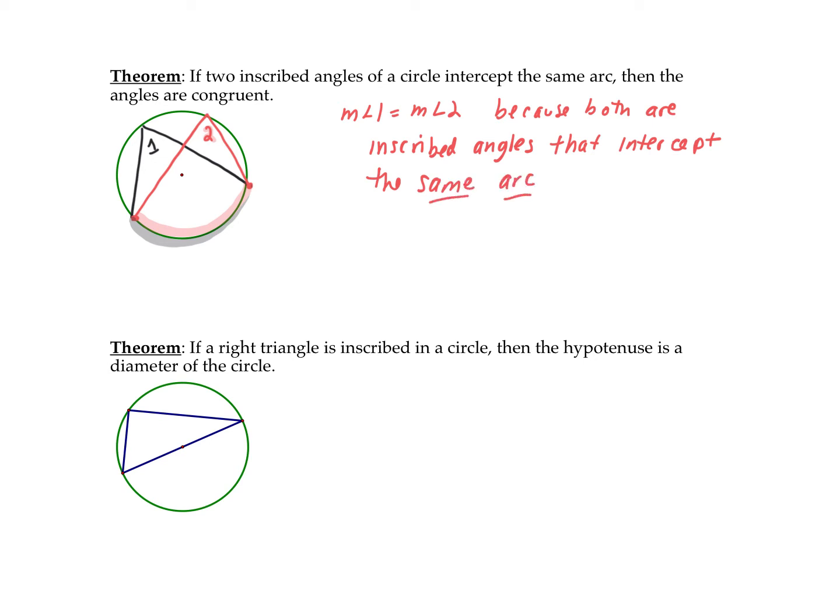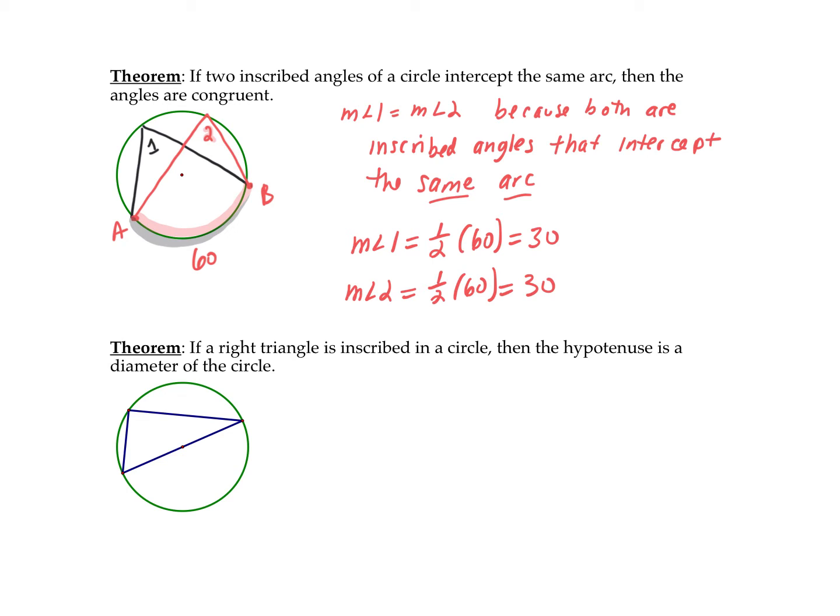Let's say, for instance, that this arc is AB and it has a measure of 60 degrees. Then the measure of angle 1 equals 1/2 of its intercepted arc, or half of 60, which is 30. The measure of angle 2 would also be half of 60, which is 30.